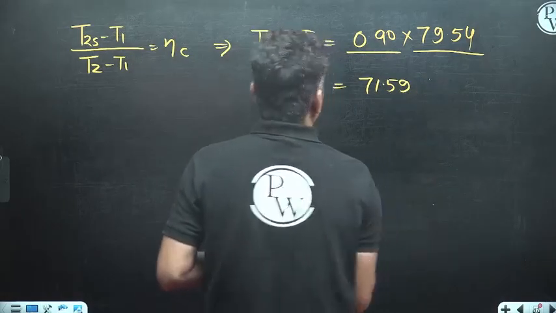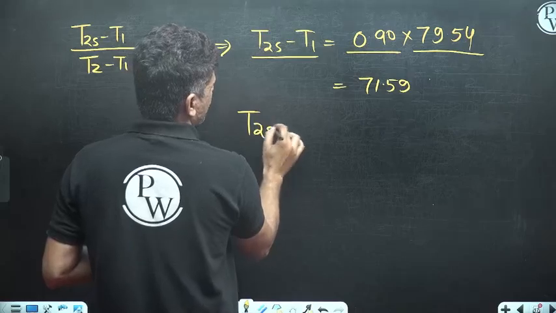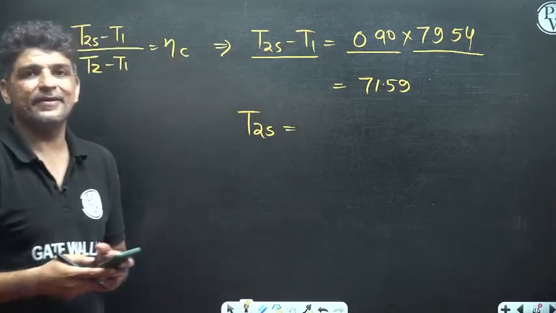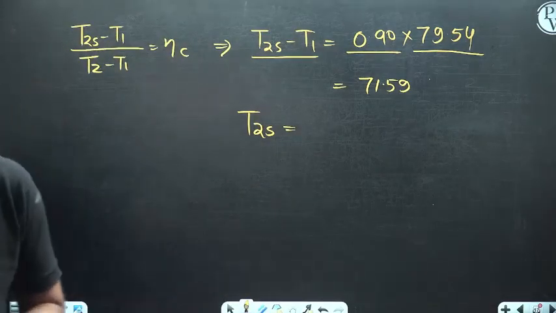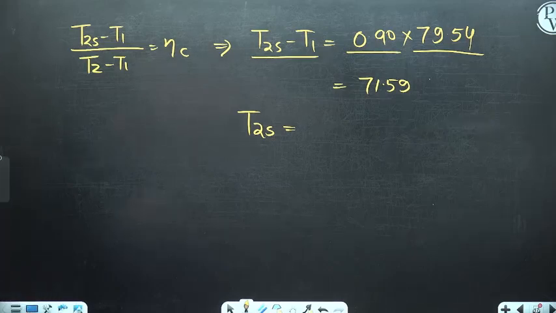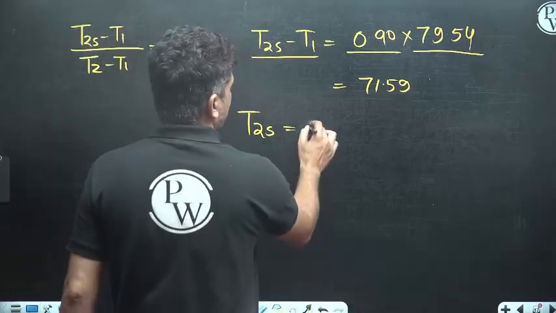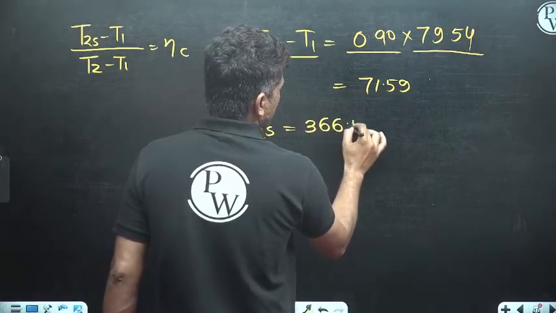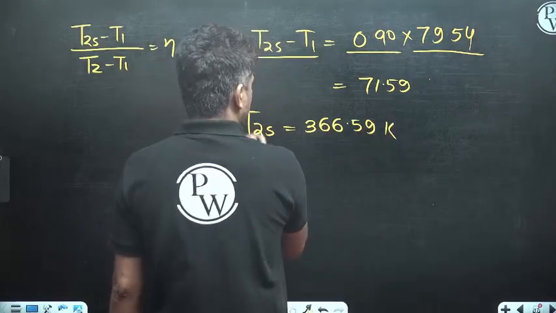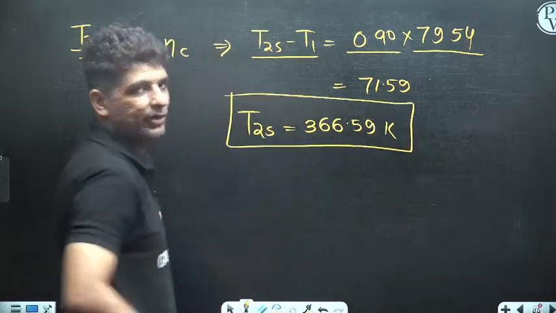Okay, and from here you can calculate T2s. So T2s will be 71.59 plus T1, which is 295 Kelvin, 22 degrees centigrade. So this is 366.59 Kelvin. So this is what you have got, T2s.